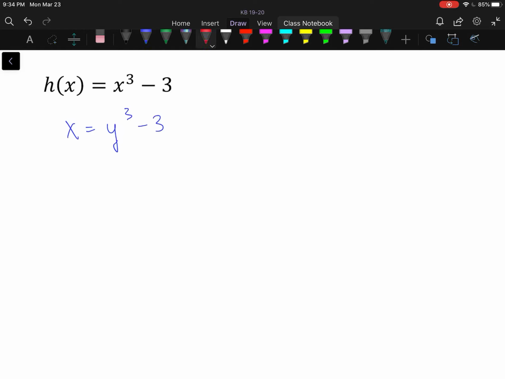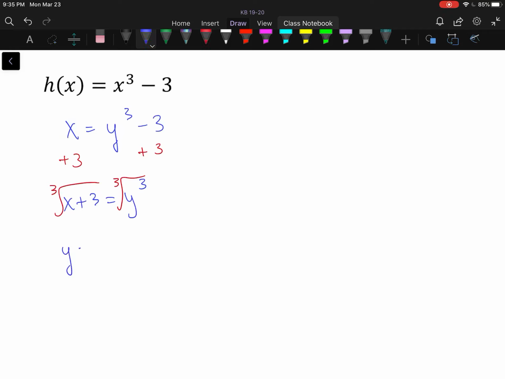We can probably skip our do and undo list on this one. So add 3, and that gives us x plus 3 equals y cubed. And just like a square root gets rid of a square, a cube root gets rid of a cube.